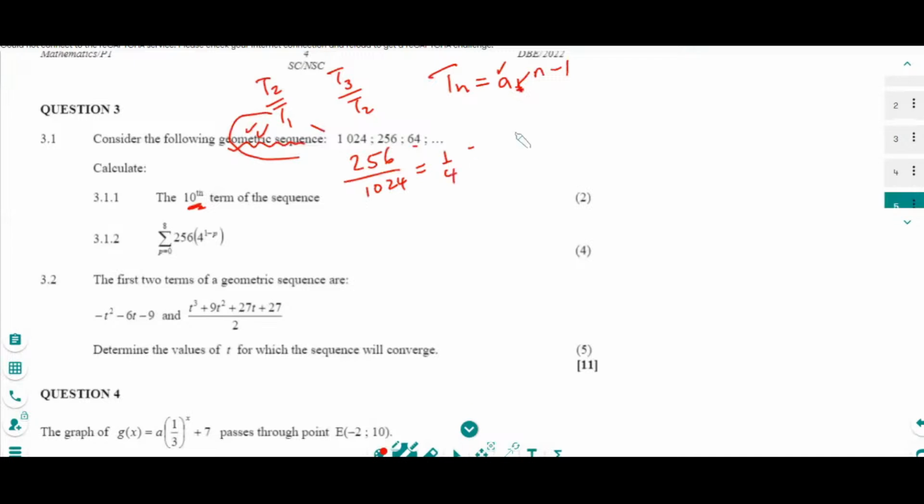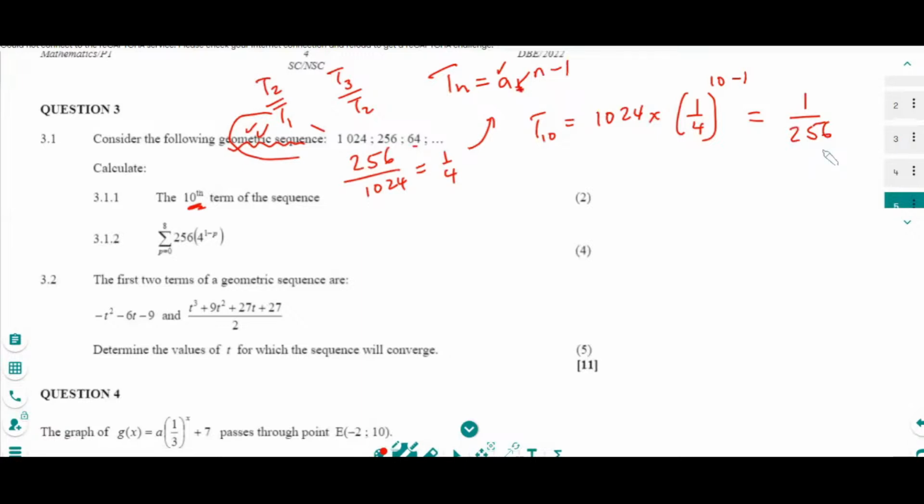We just substitute that. So T10 is going to be our A, which is 1024, times 1 over 4 to the exponent of 10 minus 1. Punch this into the calculator, and we end up with 1 over 256.